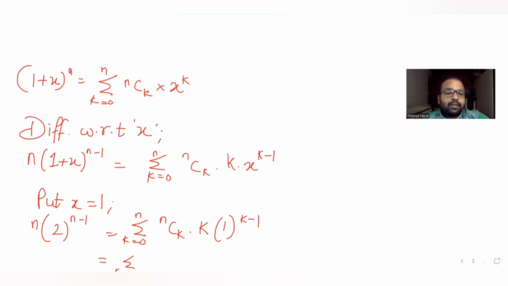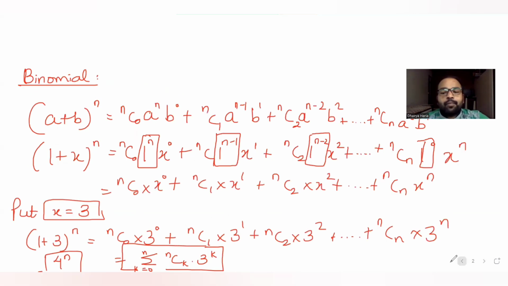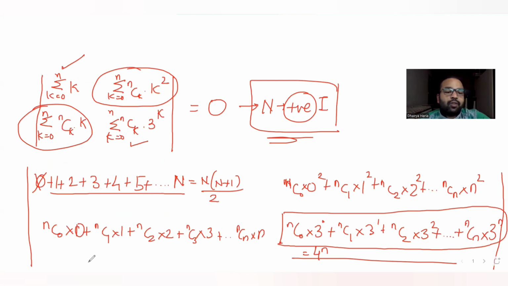So summation k equals 0 to n, nCk into k is equal to n into 2 raised to n minus 1. So we also get the expression for this. Further, let's try to find out the fourth element as well.